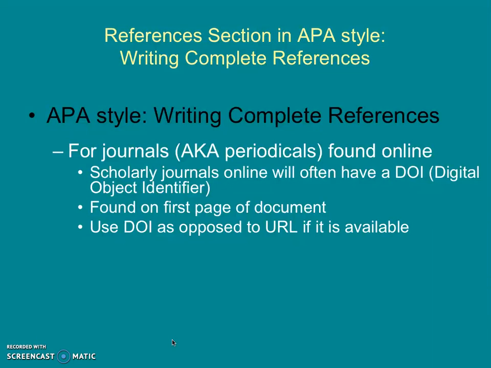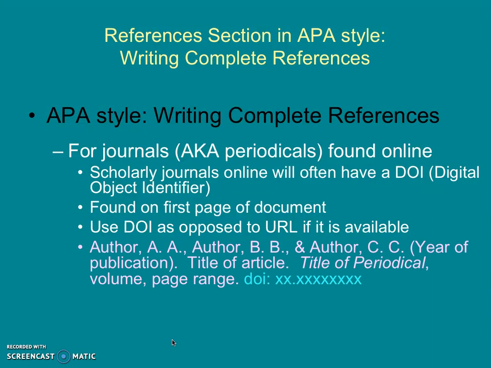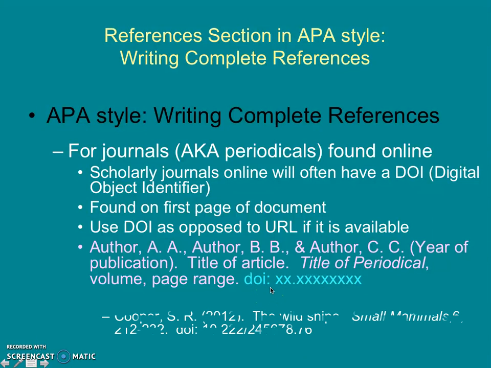It's just a way of identifying things that are published and finding them in a consistent way. So here you see in blue, the DOI can be added at the end. You just put DOI and a colon. And here's an example of my DOI that I made up.